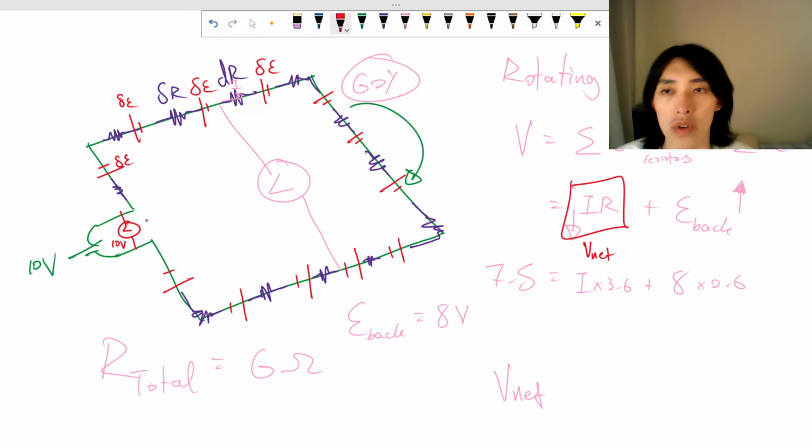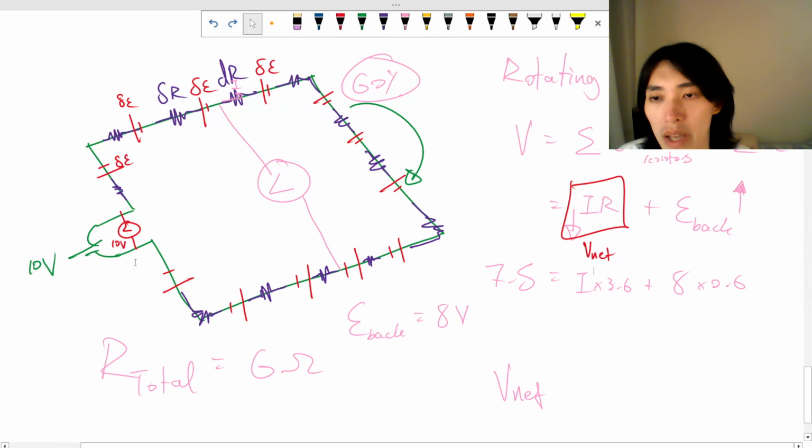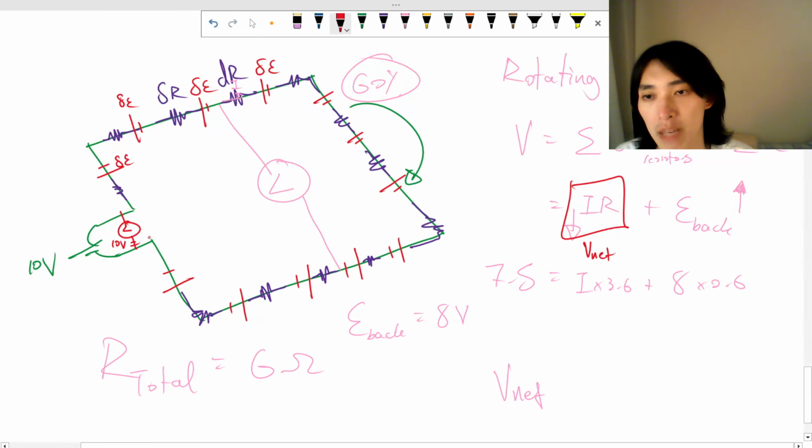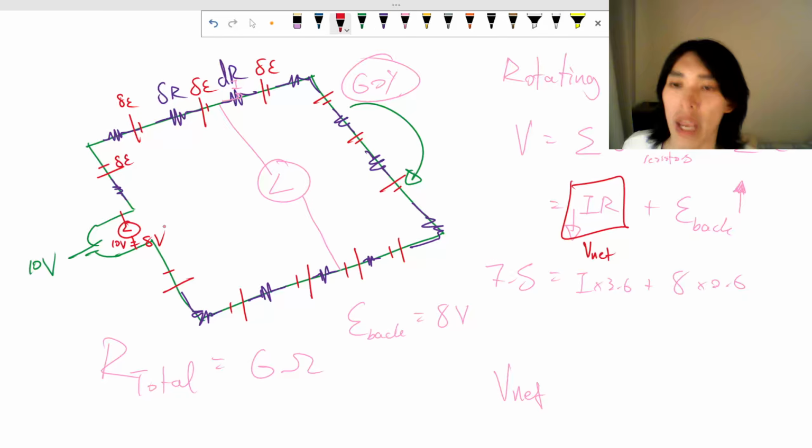If we could magically snap our fingers and delete the resistance of the wires, then this voltmeter would indeed show the sum of all these delta epsilons. It would show you that the back EMF is 8 volts.